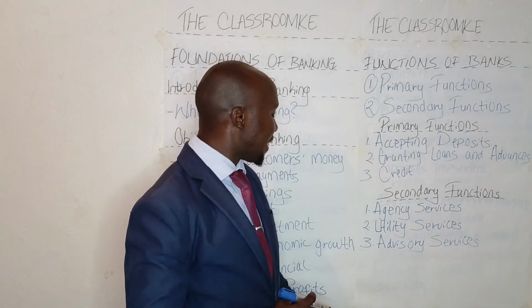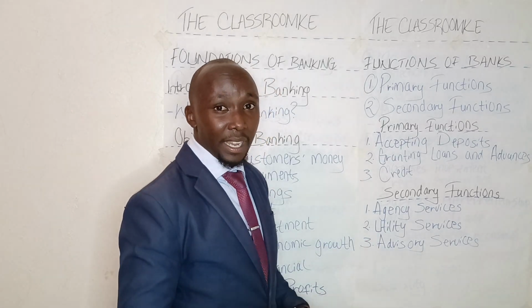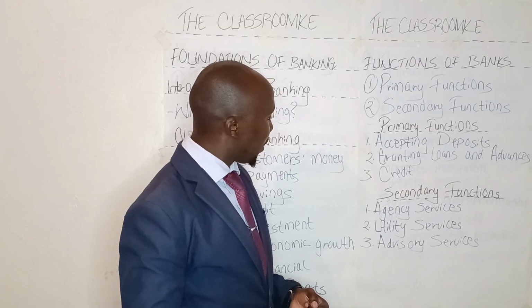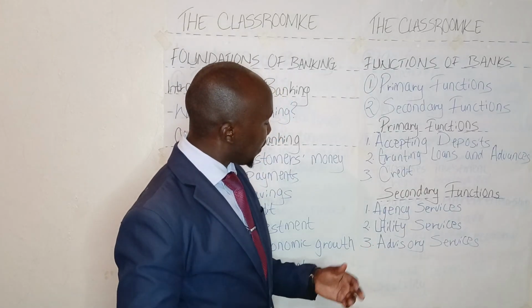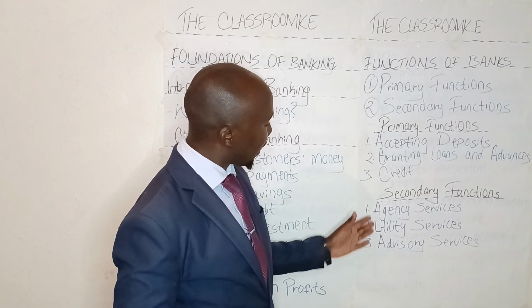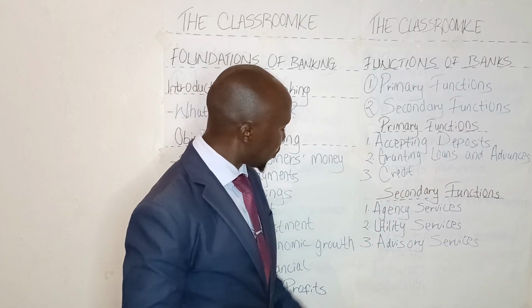There are so many instances when the bank acts on behalf of customers. Collecting of checks, collecting of rent, payment of salaries, all those are agency services. So the bank is acting on behalf of the customers.